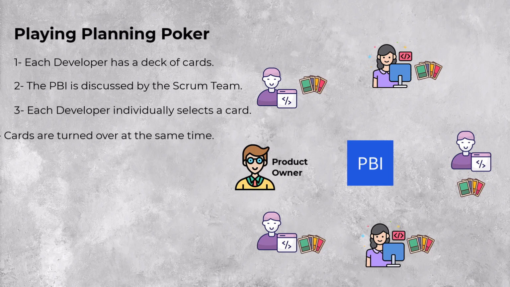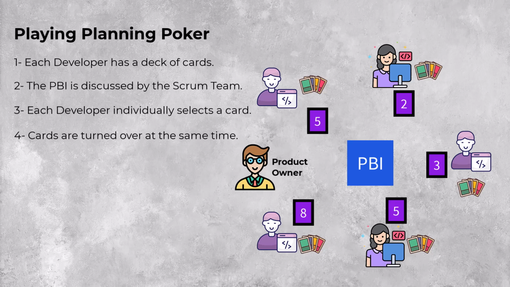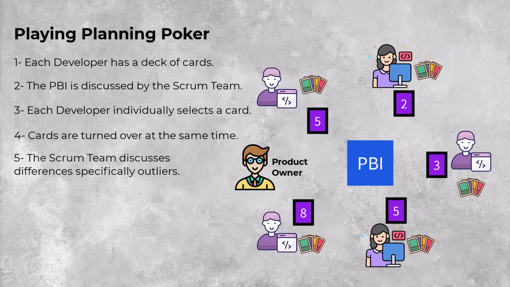4. Cards are turned over at the same time, so all members can see them simultaneously. 5. The Scrum team discusses differences, specifically outliers. I mean those developers who gave it the highest and lowest numbers. We ask them how they perceived the PBI.